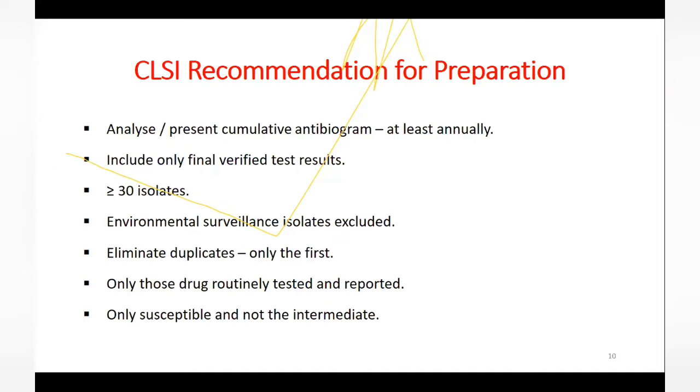It will become very complex if we prepare the antibiogram taking into consideration all the antimicrobials of our formulary. So only a few commonly prescribed or routinely tested drugs need to be considered while preparing the antimicrobial policy. And only the susceptible and not the intermediate antibiotics should be considered for policy preparation.